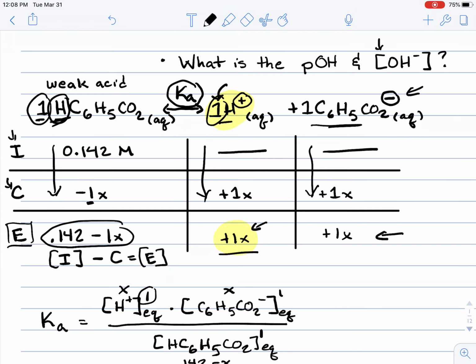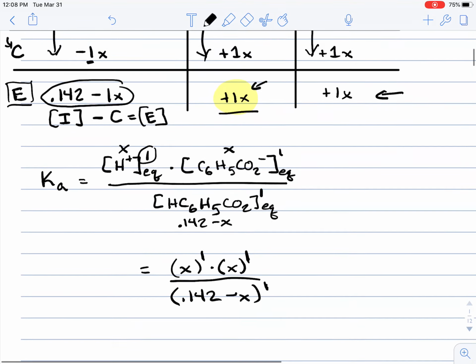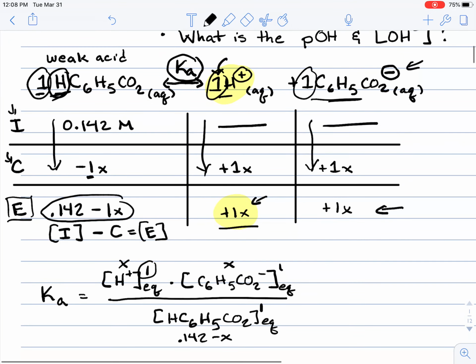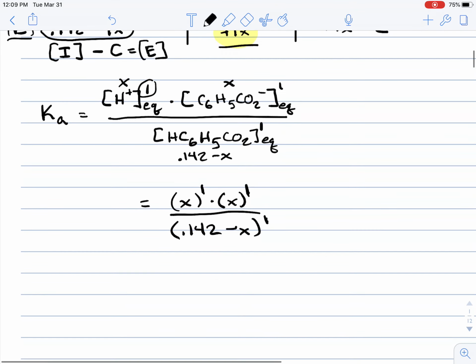So notice that it's 1 to 1 to 1, and therefore my exponent is 1 to 1 to 1. And so these coefficients are being represented twice. They're represented as the coefficient in the change, and they're also represented as the exponent in our mass action expression. So please don't forget that.